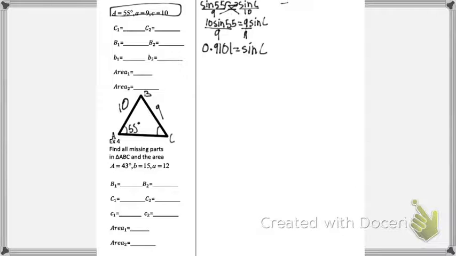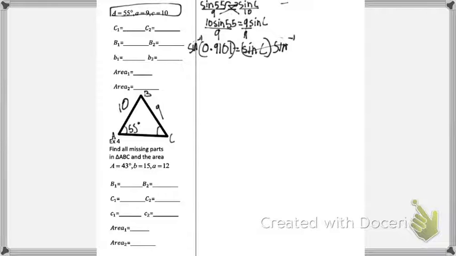Now let's do the inverse. So sine inverse. So cross that out. Sine inverse. Second answer.